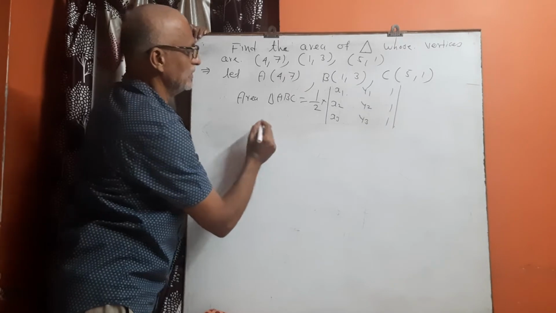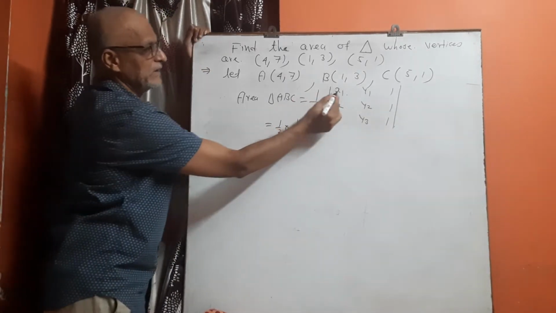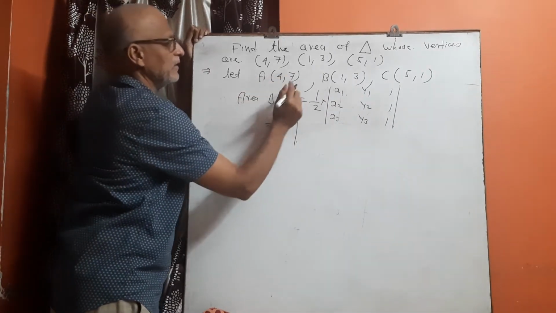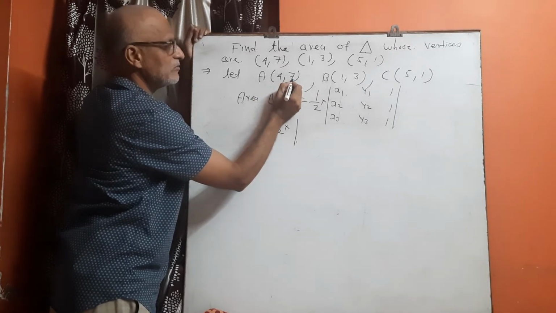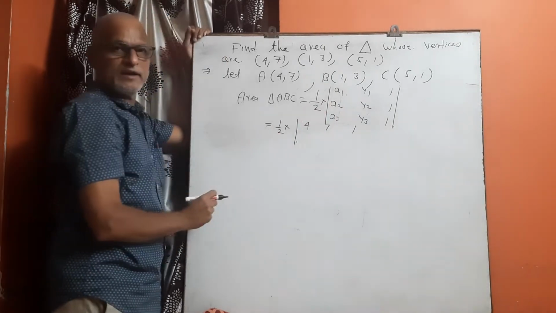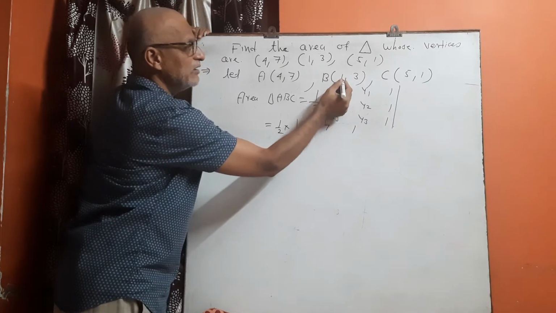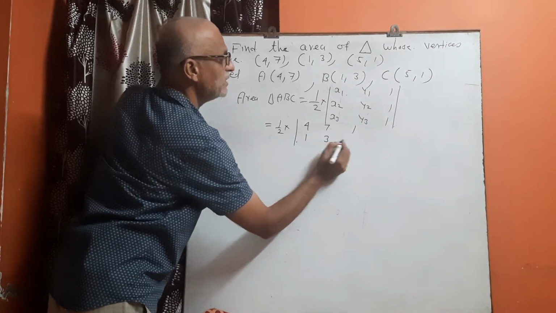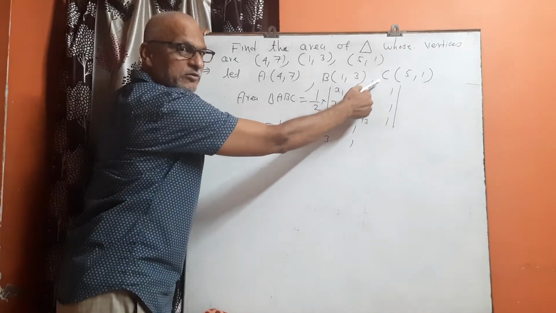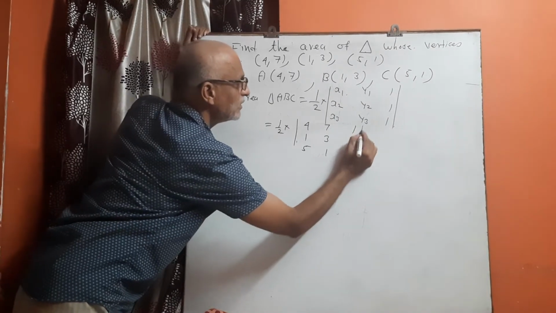Substituting the values there, it is equal to half into determinant of x1 y1. x1 y1 means the coordinates of A. तो this is our x1, this is our y1, 4, 7, 1. अभी x2 y2 क्या रहेगा? x2 y2 means the coordinates of point B. B के coordinates क्या है? 1, 3. So this is 1, 3, 1. x3 y3 is coordinates of point C. The coordinates of point C are 5 and 1. So this is 5, 1 and 1.